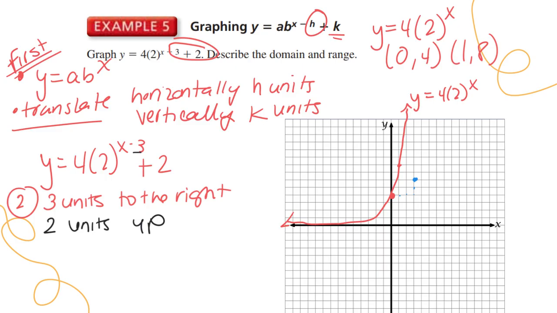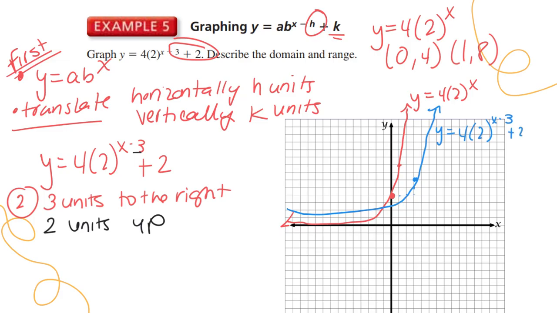So we have y equals 4 times 2 to the power of x minus 3, plus 2 units.